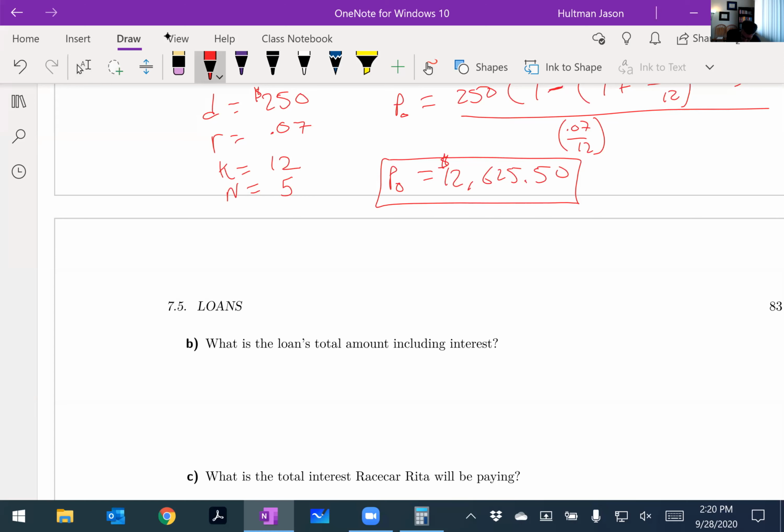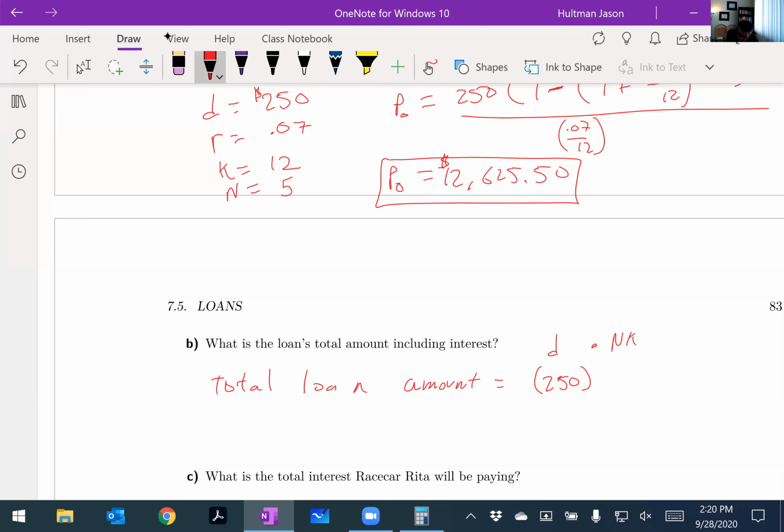Well, the total loan value, this is how much she's going to have to pay out in total, is going to be 250 payments, the amount per payment, D, times NK.